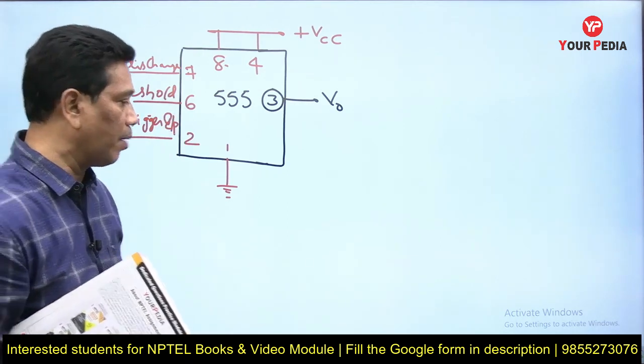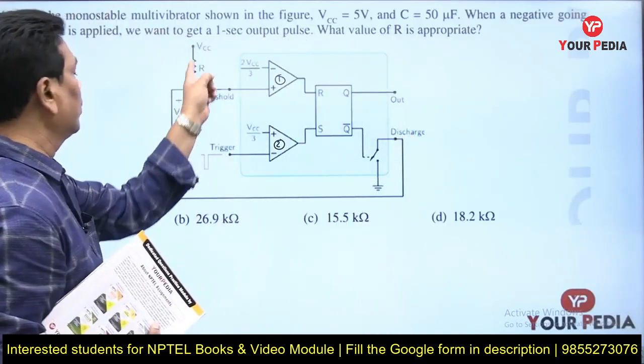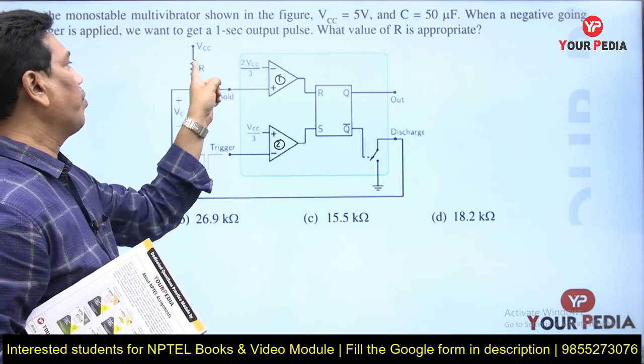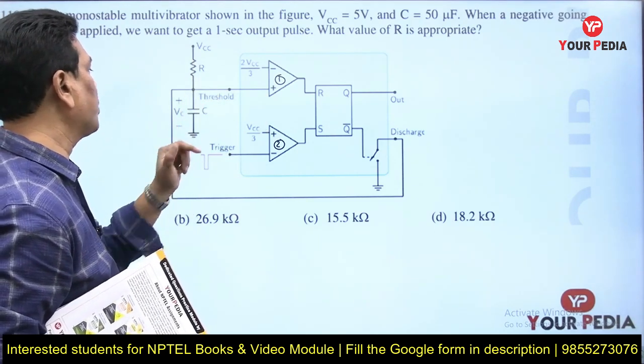Now what are the external elements you connected there? Check in the question he gave. The threshold input and VCC supply you connected through a resistor, sir. But what you connect to ground is nothing but a capacitor.